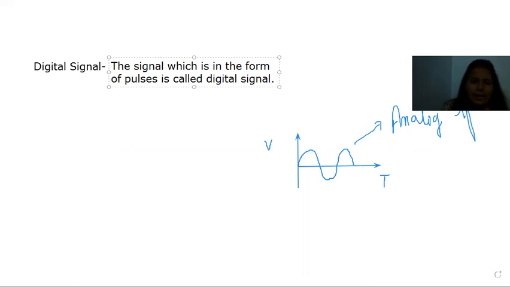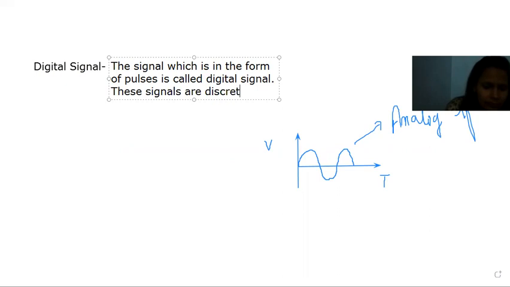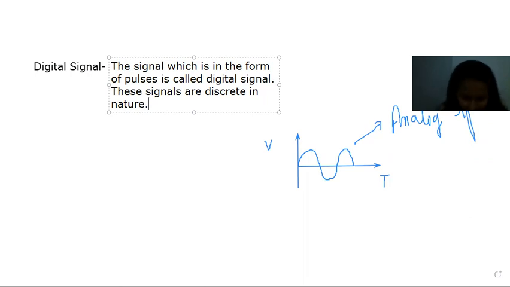So a signal which is in the form of pulses is called digital signal. These signals are discrete in nature. Digital signals are discrete in nature. Discrete means in the form of 0, 1.